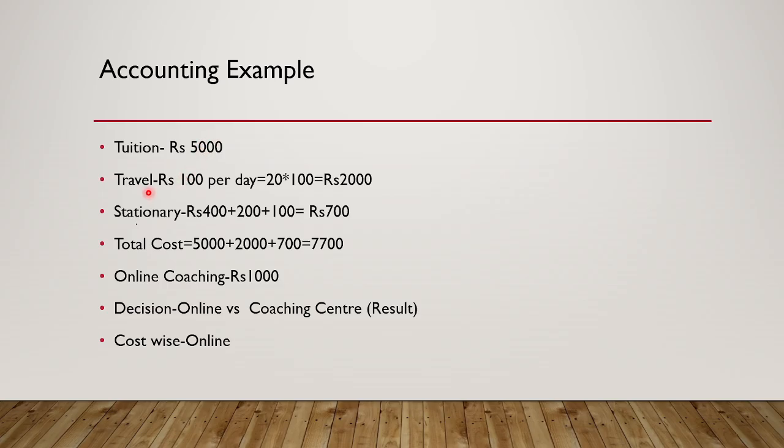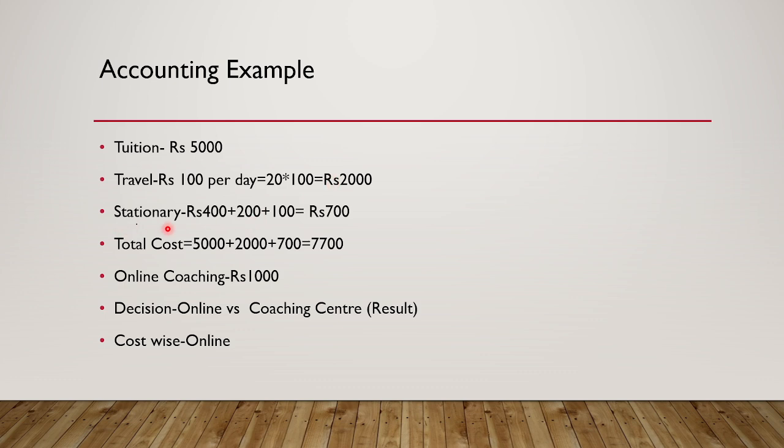Then you travel, and every day for the travel you have to spend 100 rupees. You go for 20 days, so that becomes 20 into 100: you have spent 2,000 rupees on the travel, right?